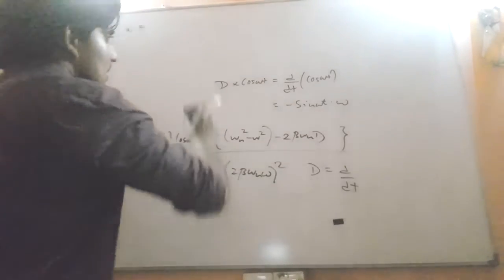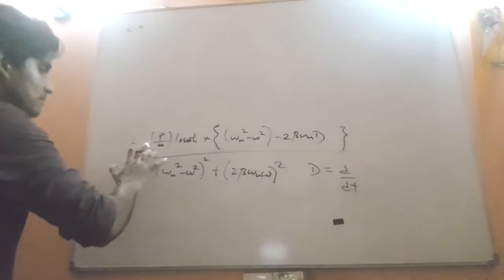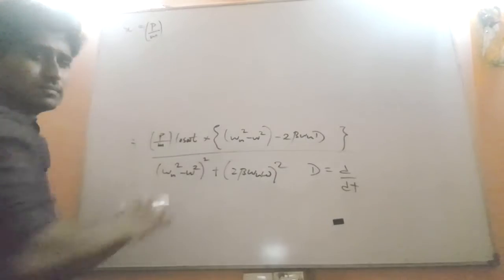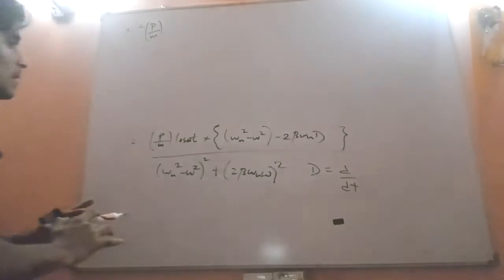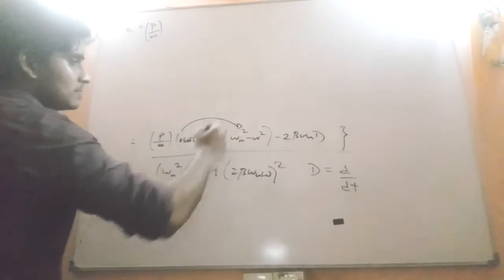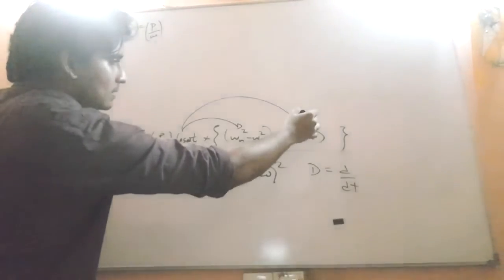So now what I am going to do in the next step, p divided by m you can keep as it is, because that is a constant, right? You can multiply cos omega t by this and then minus cos omega t by this.